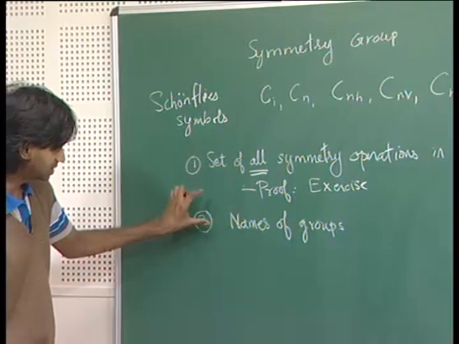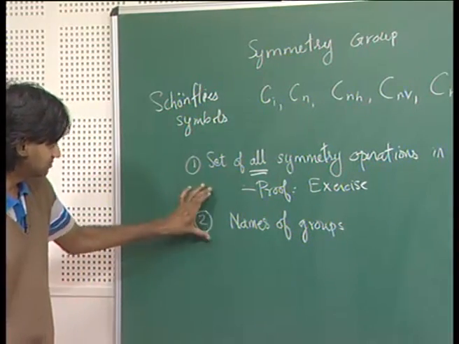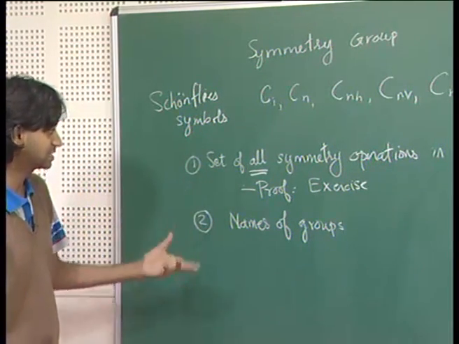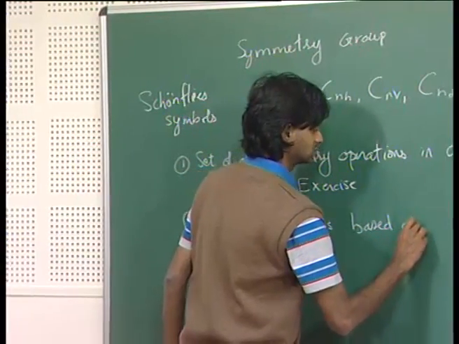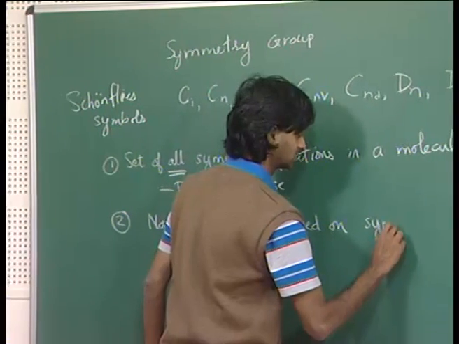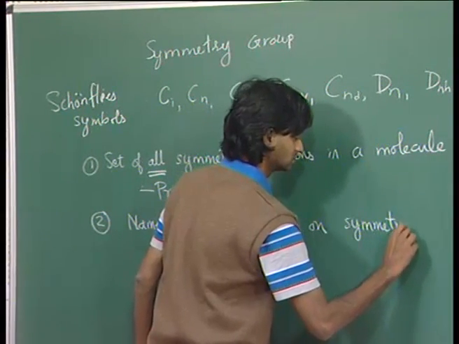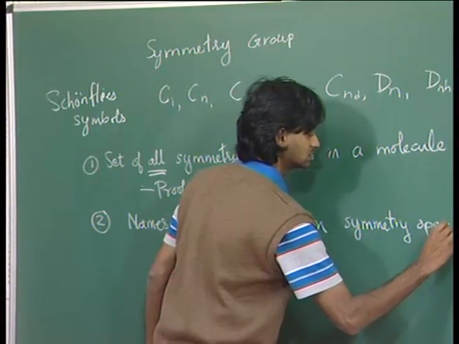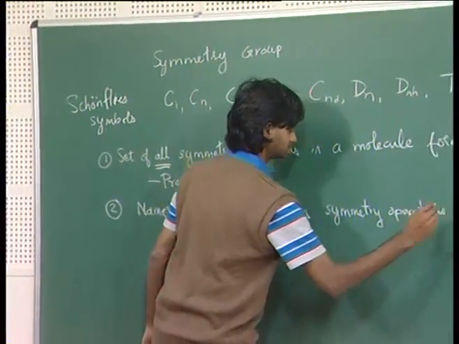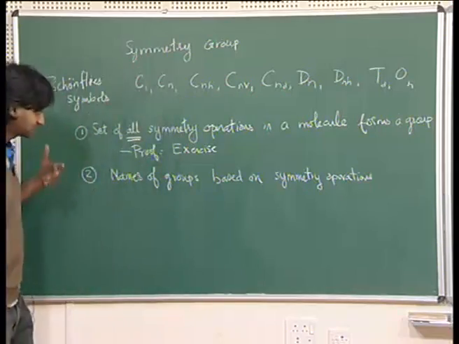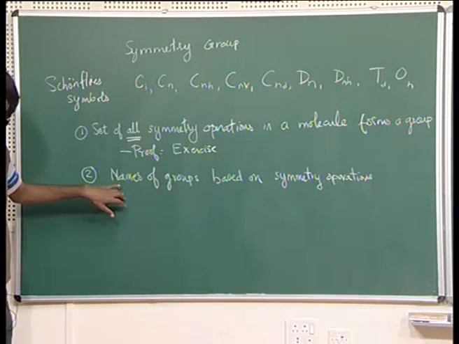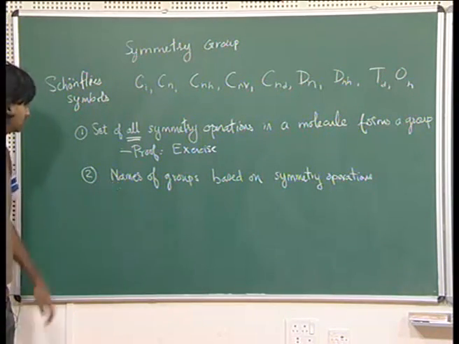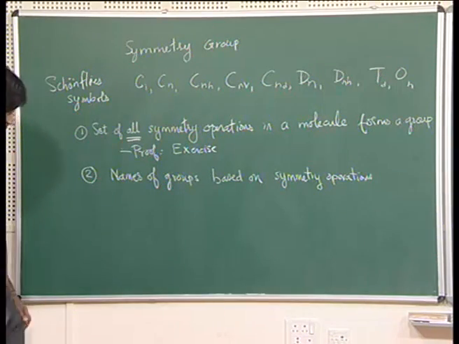You want to find a way to identify the names of the group based on symmetry operations. This is the next procedure that we will be talking about today, for the next half an hour or so.